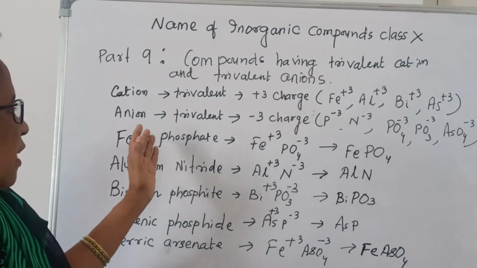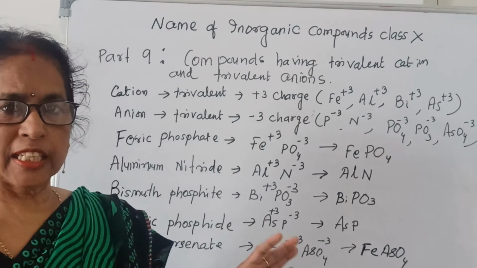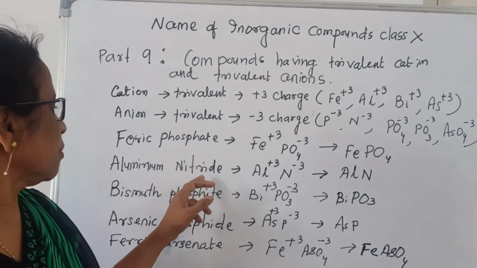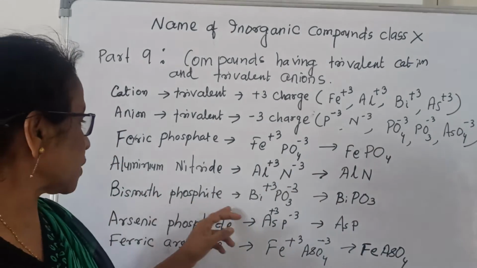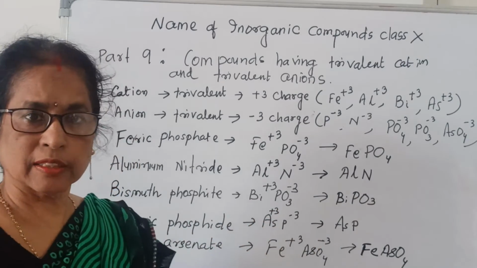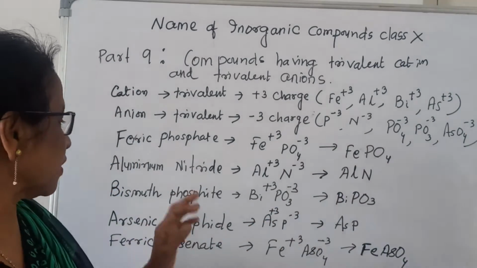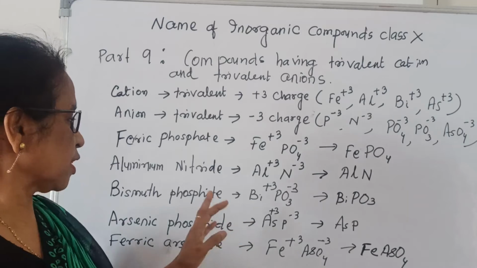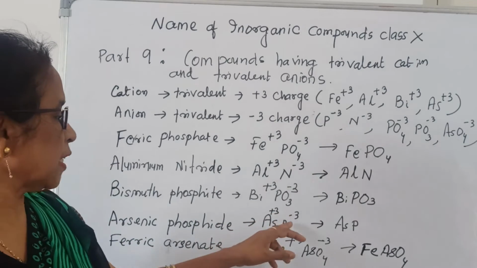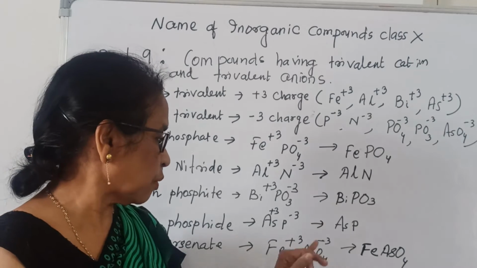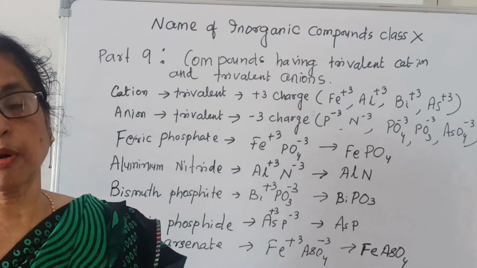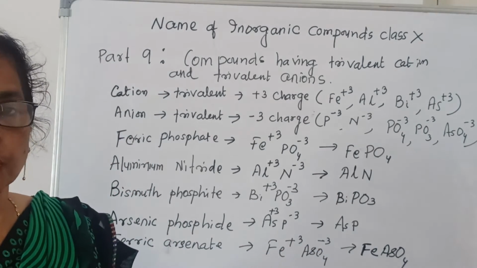You can see ferric phosphate FePO4 because the 3s cancel, aluminium nitride the 3s cancel, formula AlN, bismuth phosphide BiPO3 the 3s cancel, arsenic phosphide minus 3 plus 3 cancel, ferric arsenate Fe plus 3, AsO4 minus 3 cancel, and the formula is FeAsO4.